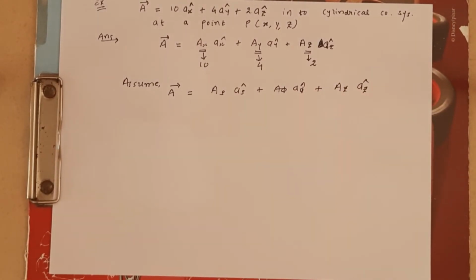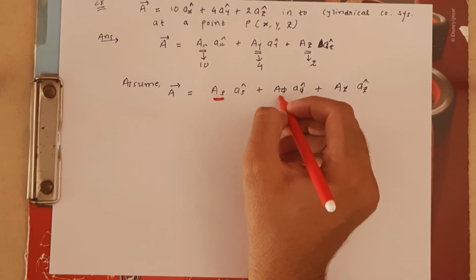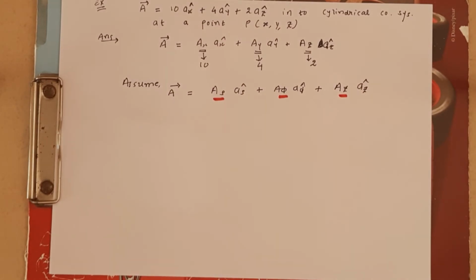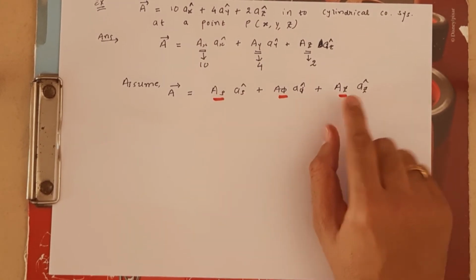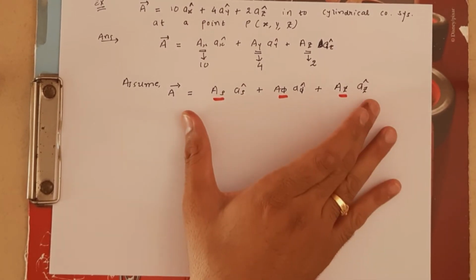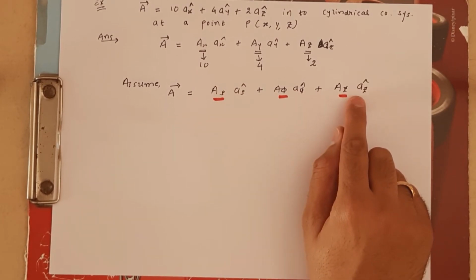Now what you have to do is find these three values: the value of A rho, A phi, and A z, from the values of Ax, Ay, and Az. Once you find the values of capital A rho, A phi, and A z, we put them into this equation and we will get our answer. Finally, we have converted my vector into the cylindrical coordinate system.